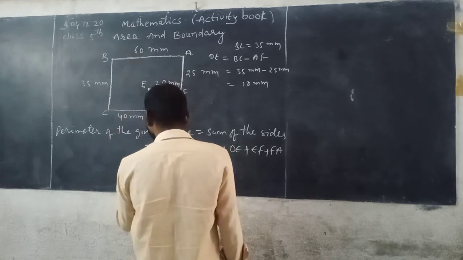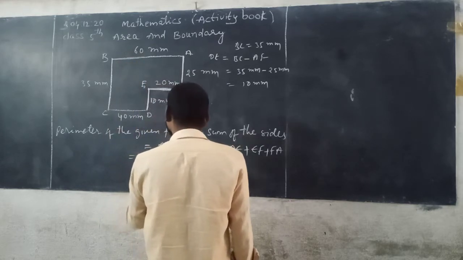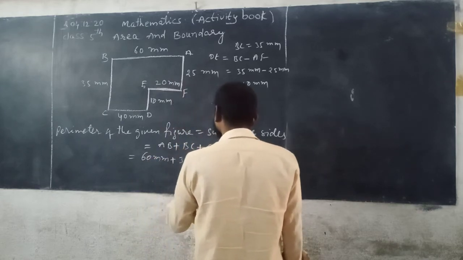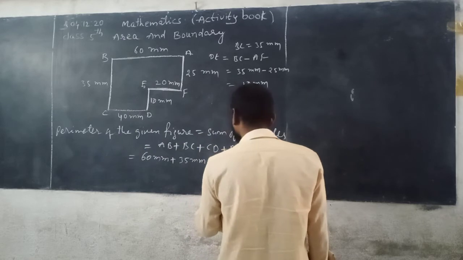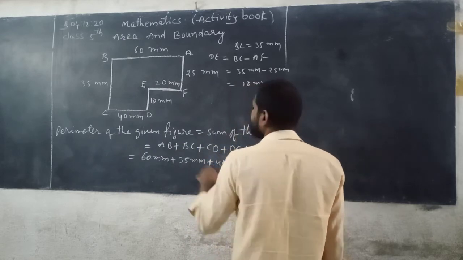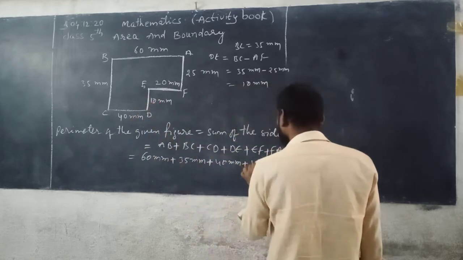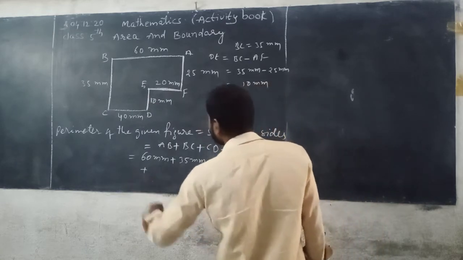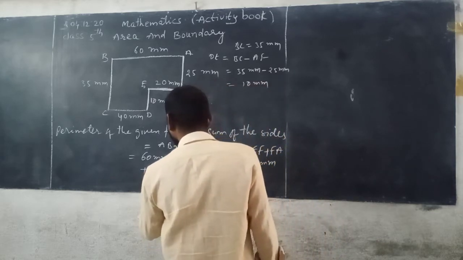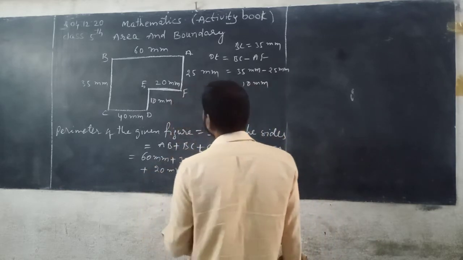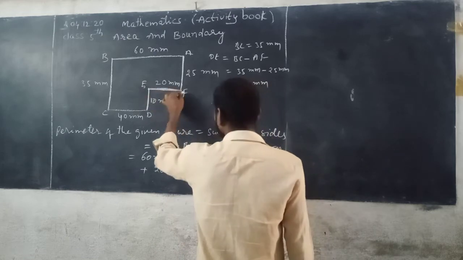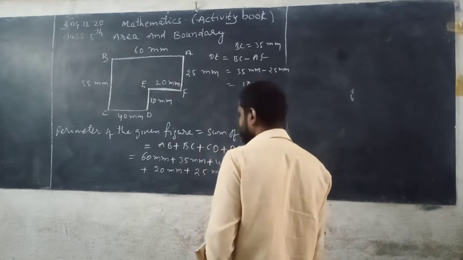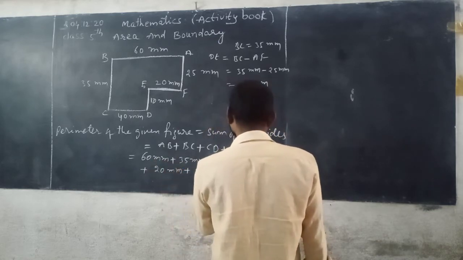Then you can write AB is equal to 60 millimeter plus BC is equal to 35 millimeter plus CD is equal to 40 millimeter plus DE is equal to 10 millimeter plus EF is equal to 20 millimeter plus FA is equal to 25 millimeter. 1, 2, 3, 4, 5, 6.